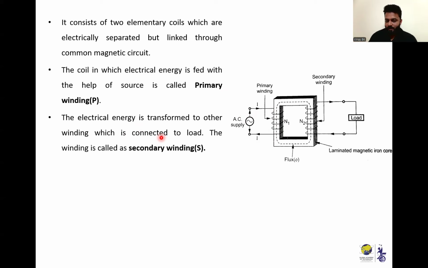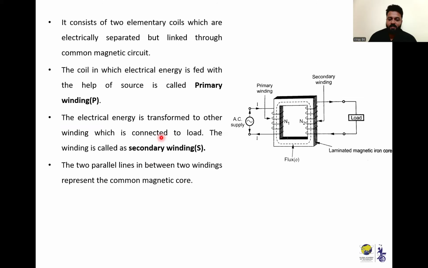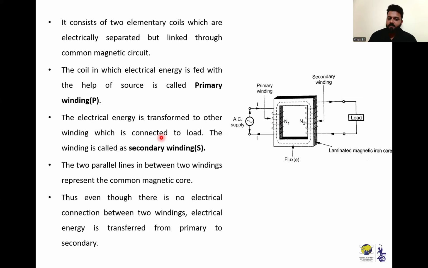In the symbolic representation, the two parallel lines indicate a magnetic core. Thus, even though there is no electrical connection between these two windings, electrical energy is transferred from primary to secondary.